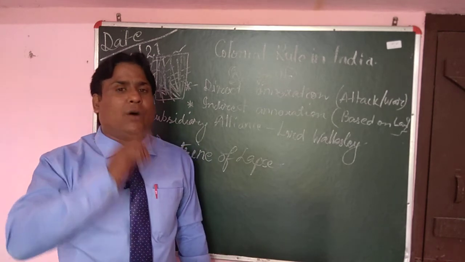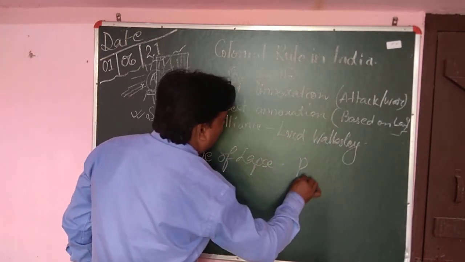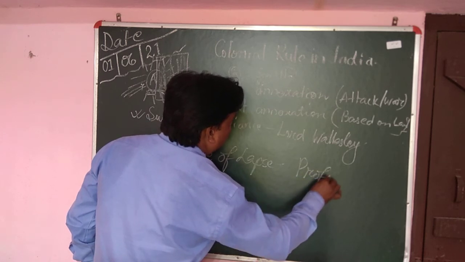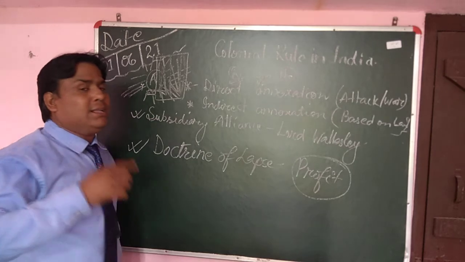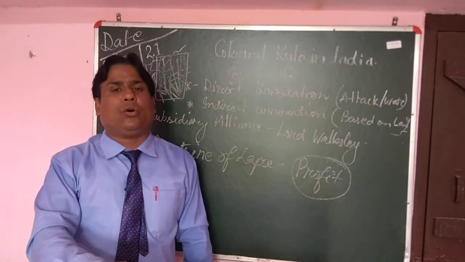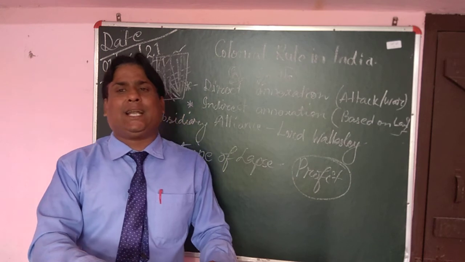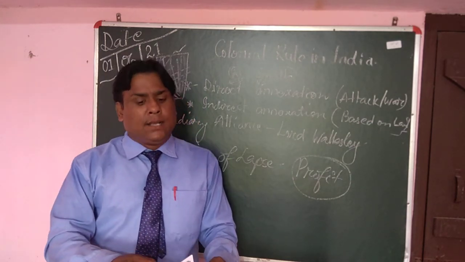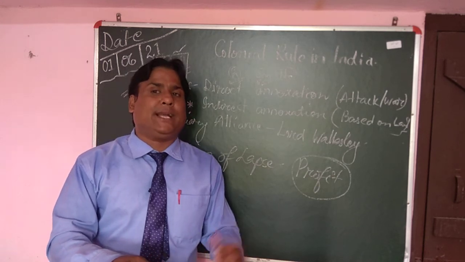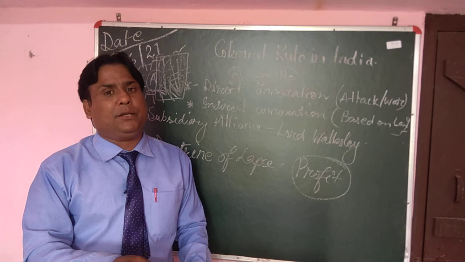For the Britishers, there was only one goal, that was profit. They had no worry about the Indian people. They didn't want Indian people to grow, to prosper, to be educated, to eat well, to wear well. Their only objective was to do the trade and get some profit, nothing else.